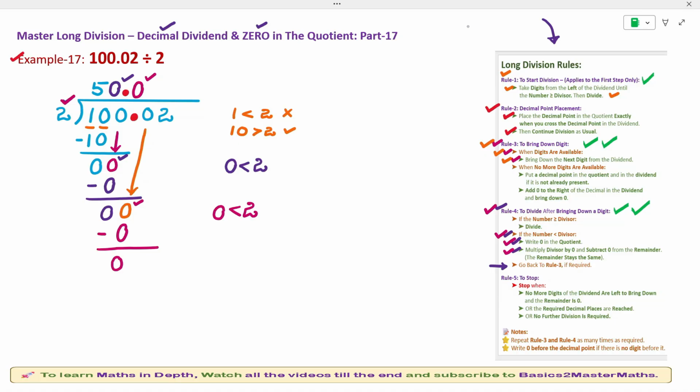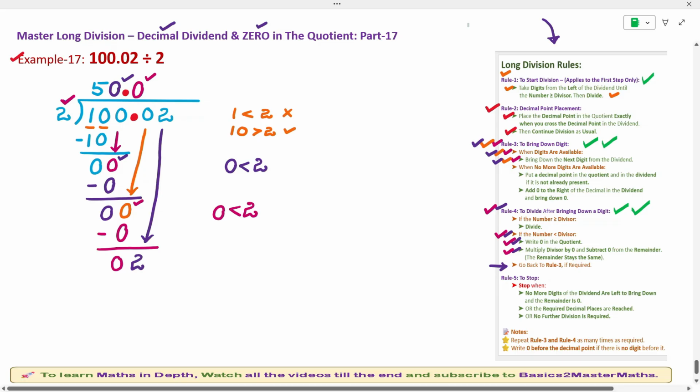Let us apply rule 3 again. When digits are available, bring down the next digit from the dividend. In this case, since the digit is available, bring down the next digit 2. Now, rule 3 is complete for the third time.